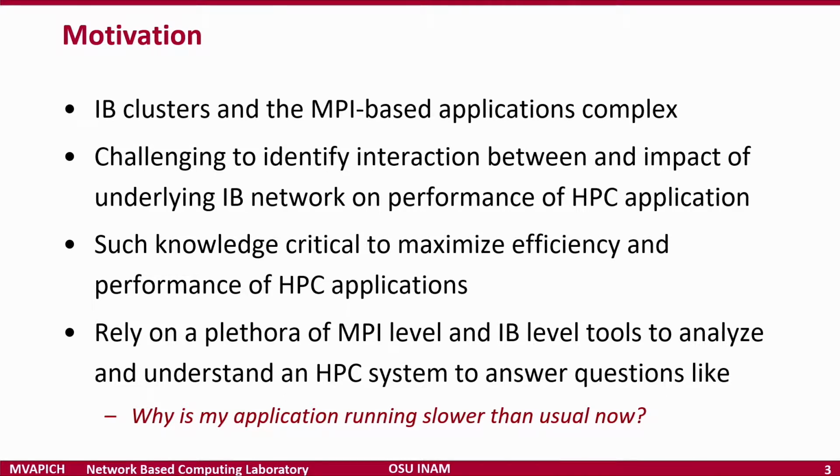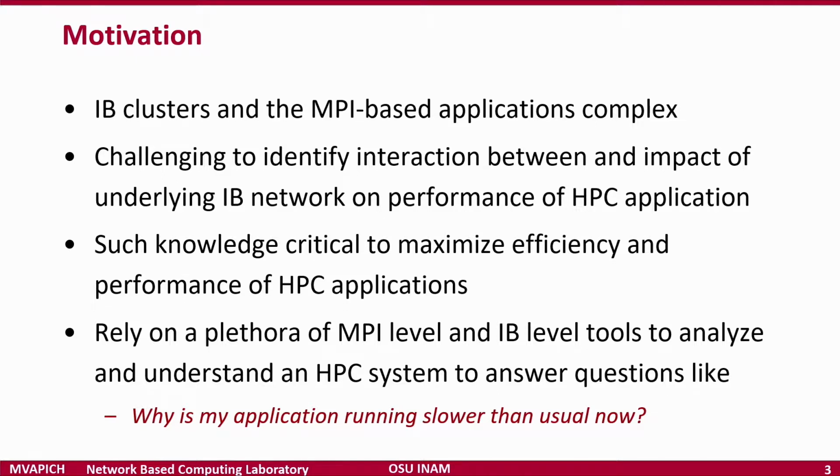So how do you identify the interaction between these things so that you can find out which job is leading to what traffic? The typical issue that people face is, hey, my job took 10 minutes yesterday, it is taking 30 minutes now. If these kinds of questions come, how do you actually respond to your clients?